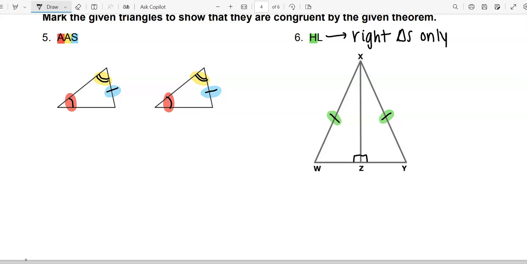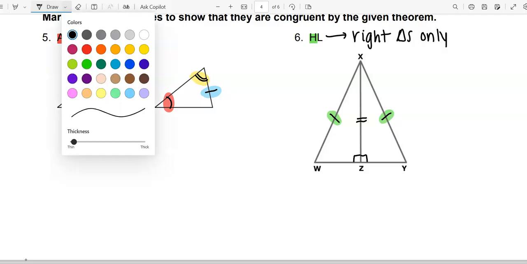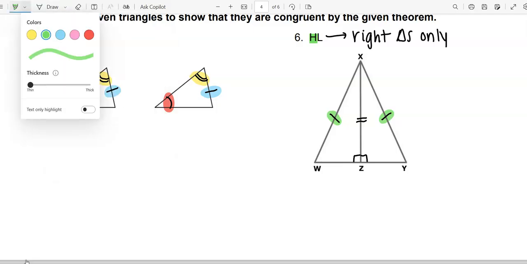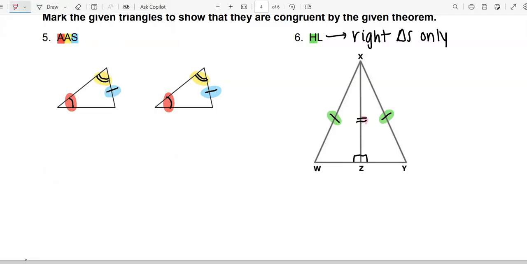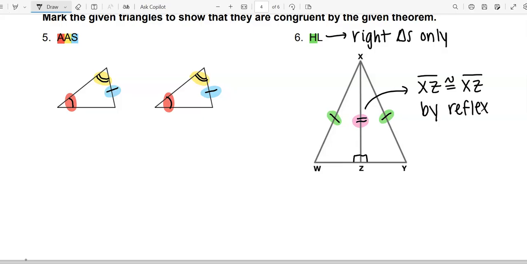Leg means 2 letters. X and Z. So this one is actually congruent to itself. And I think we can handle a little preview of what we'll be learning. This one, let's say segment XZ is congruent to segment XZ. So it's congruent to itself by reflexive property.